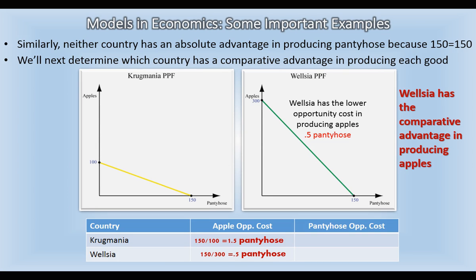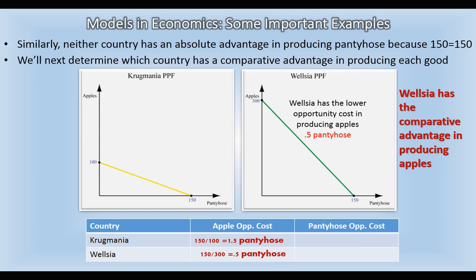And the only way we can say that is by identifying the opportunity cost and identifying who had the lower one. So again, comparative advantage means that you can produce something at a lower opportunity cost. And that's how you calculate it, as we did. And this is how you get to the conclusion of who has the comparative advantage.